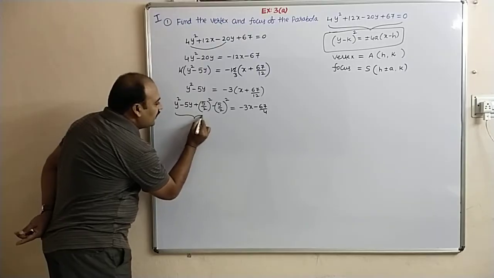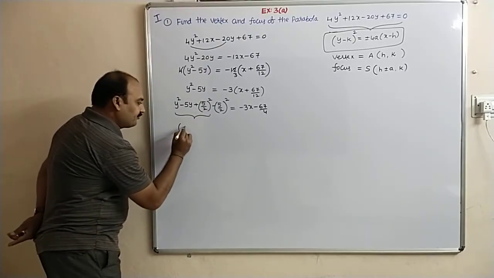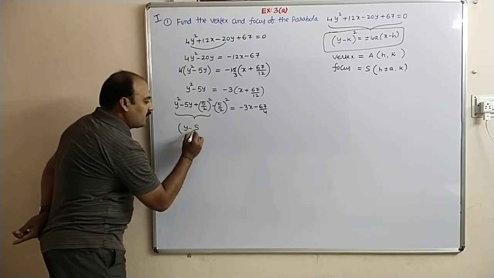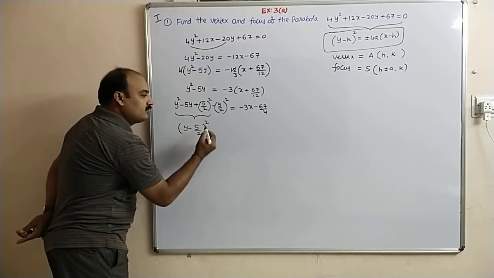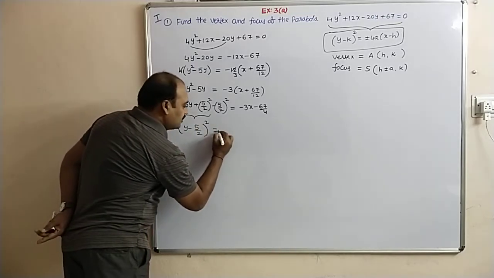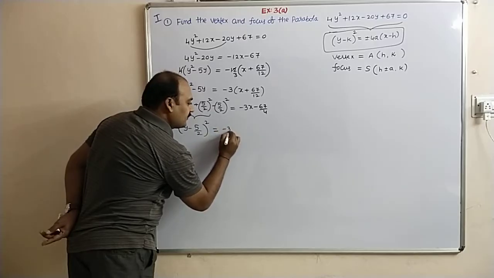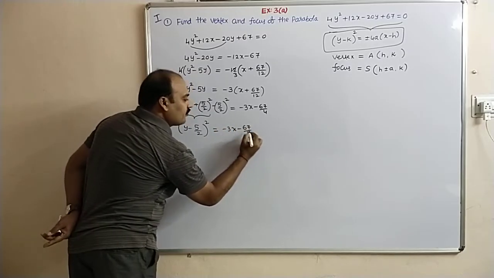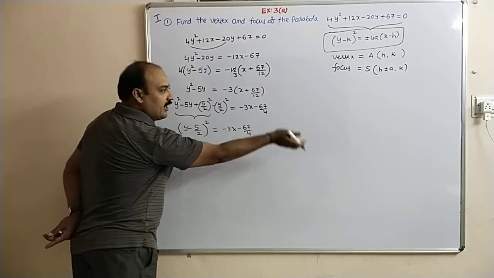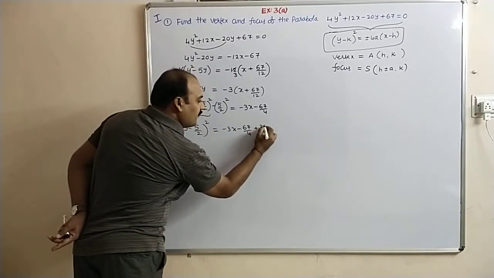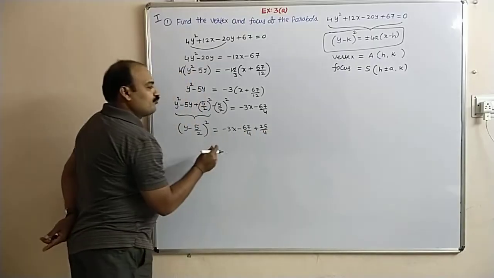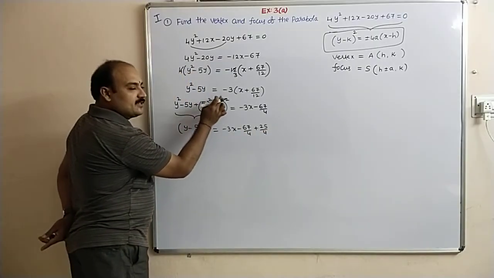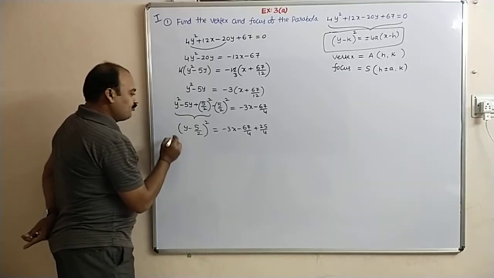These three terms are the expansion of y minus 5 by 2 whole square, which is equal to minus 3x minus 67 by 4 plus 5 by 2 whole square. We are taking this to the other side, so it will become plus 25 by 4, since 5 by 2 whole square means 5 square by 2 square, which is 25 by 4.